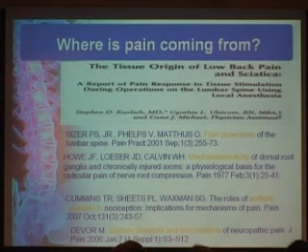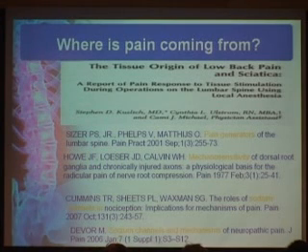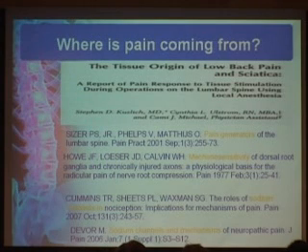This is a very, very important concept because it allows me to operate all my patients under local anesthesia. Mind my word, I operate all my patients in awake and aware state. All of them are totally awake throughout the surgery. We do the surgery under local anesthesia. Why? Because the pain is coming from a very, very limited area in the back.